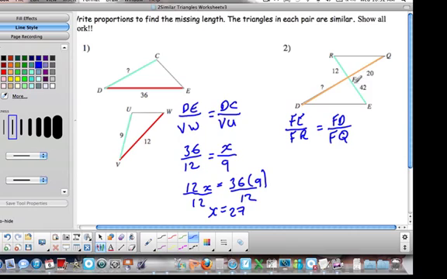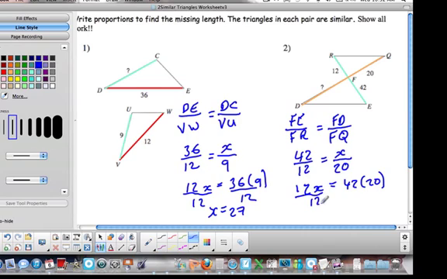Sub in, so FE is 42 over 12 is equal to, FD is our unknown, so we can put that as x over 20. We cross multiply, so this will be 12x is equal to 42 times 20.